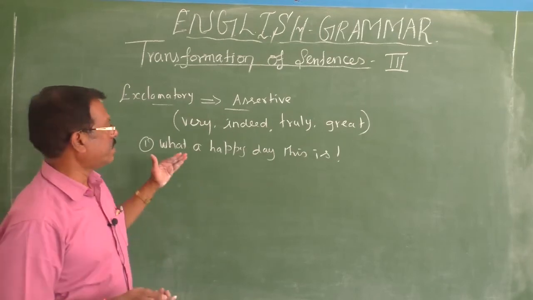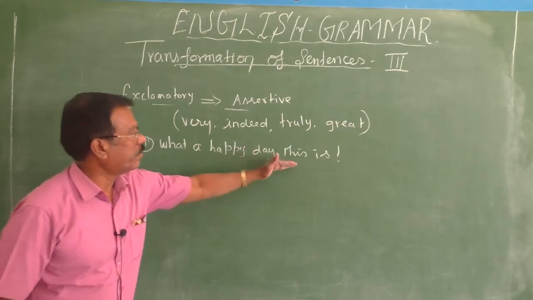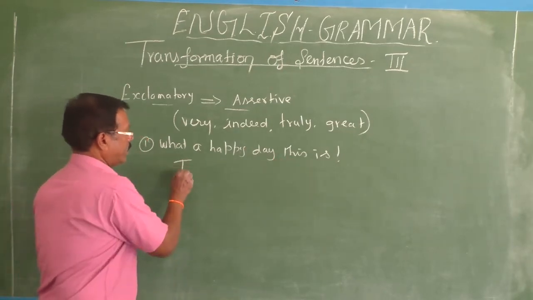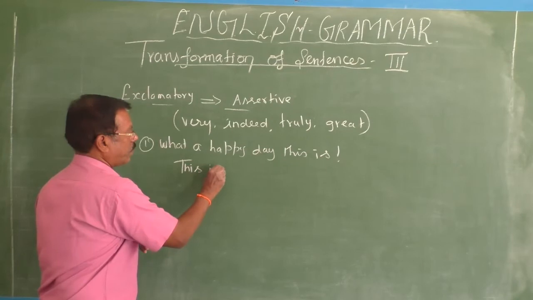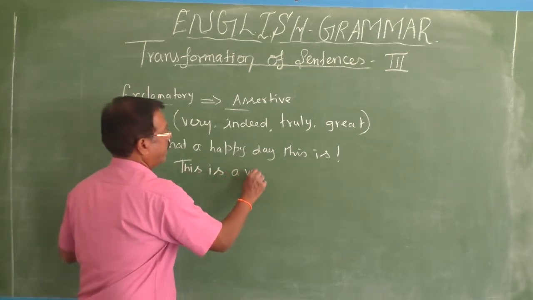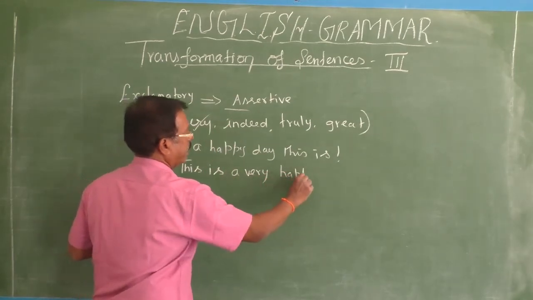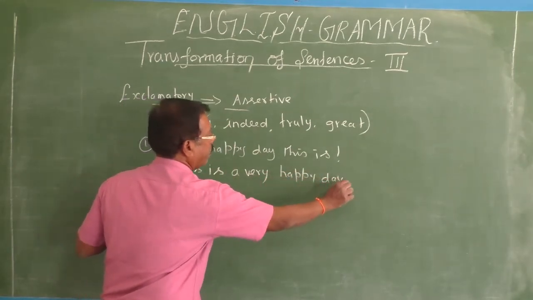How can you change this exclamatory sentence into an assertive sentence? You have to bring the subject here: this. Then it is to be followed by the verb. This is a very happy day. Put the full stop.